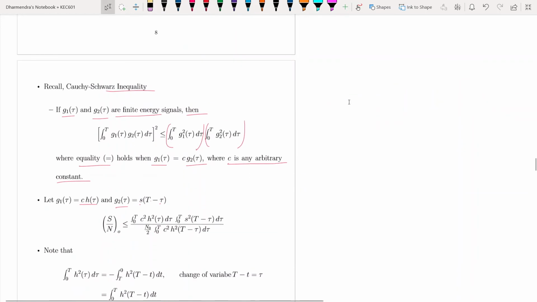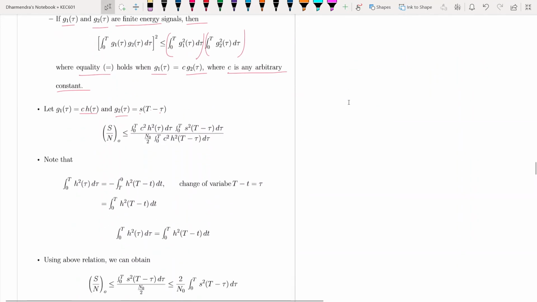Assuming G1 of tau is C into h of tau, substitute this and apply the Cauchy-Schwarz inequality. So I will write this: less than or equal to.